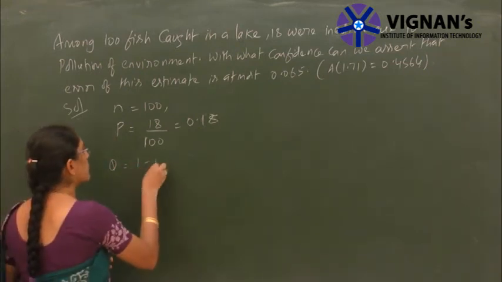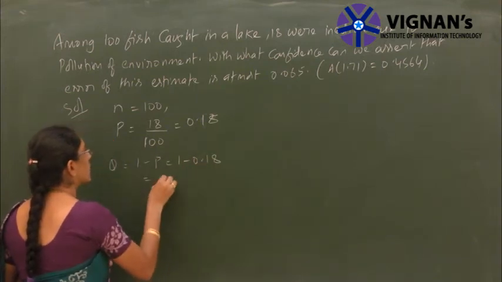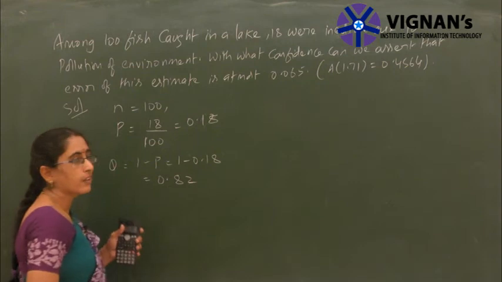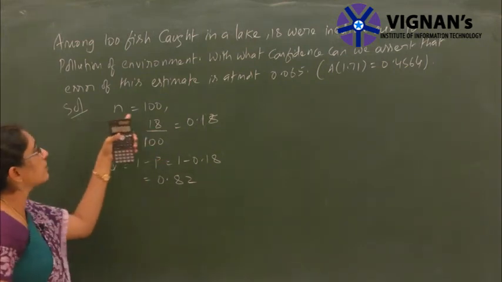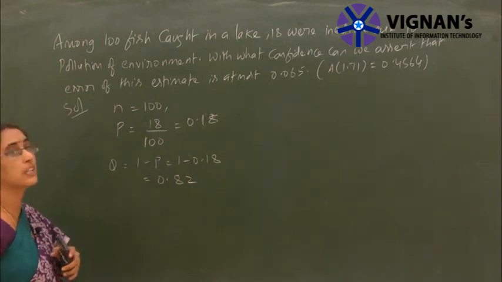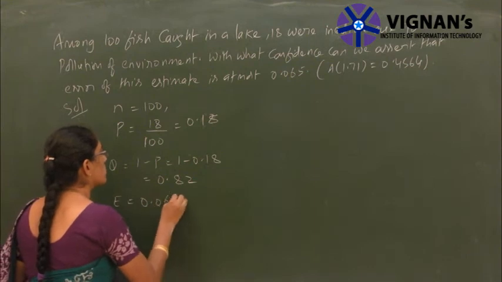So 1 minus 0.18 gives you here 0.82. Then with what confidence can we assert that the error of this estimate is at most 0.065. So error is here 0.065.